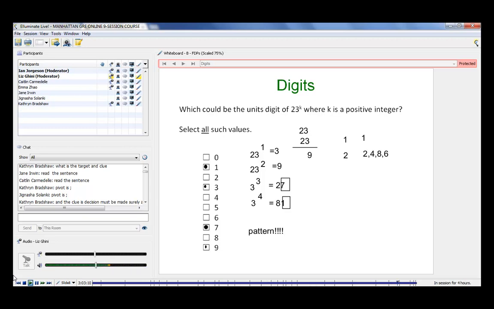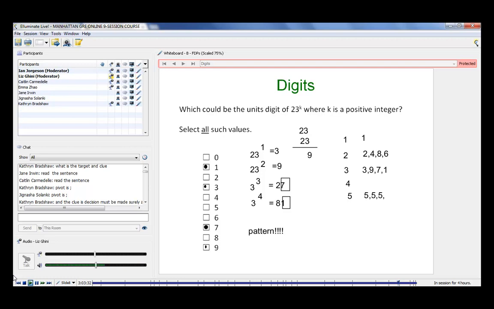Once you multiply 6 by 2, you get 12. It ends in 2, so the pattern repeats. And all of the digits are going to have a pattern that's either 1, 2, or 4 repeats. 5, you're always going to have 5. All right, 3, we just figured that out. It's either 3, 9, 7, or 1.